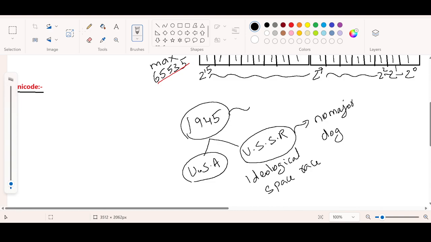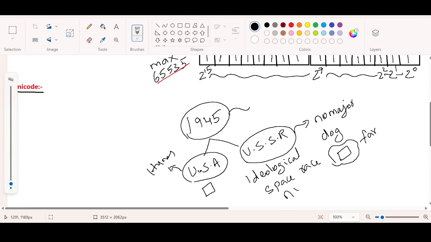What did the US do? In order to take revenge for that, the US sent humans to space. If the US is developing one technology, the Russians are going to add some additional features to that technology, so it would be far more advanced. There would be a race between these two countries.